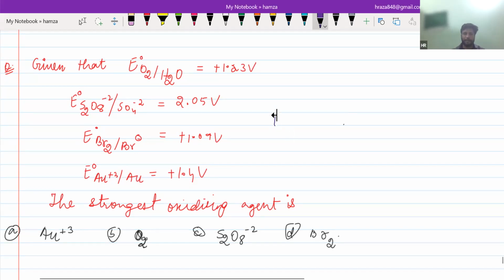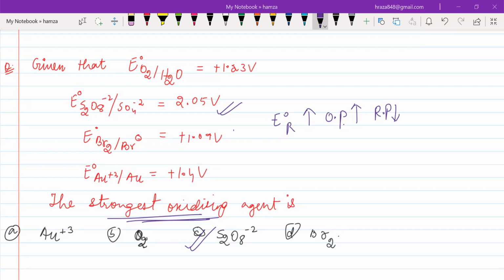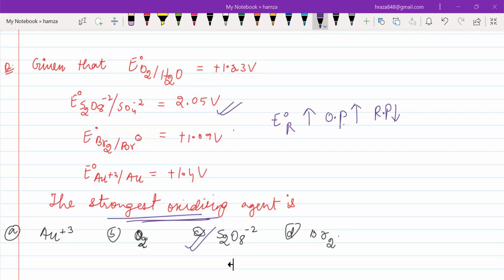Again, the same: E naught R value increases, oxidizing power increases, and reducing power decreases. And we need to see the strongest oxidizing agent. So which one will have the highest value? This. So the answer will be C. Sneha, is there any doubt in this? No, sir, I got the answer. Very good, very good. Thank you.